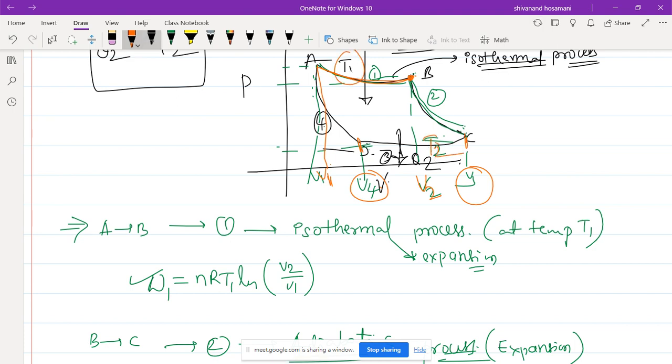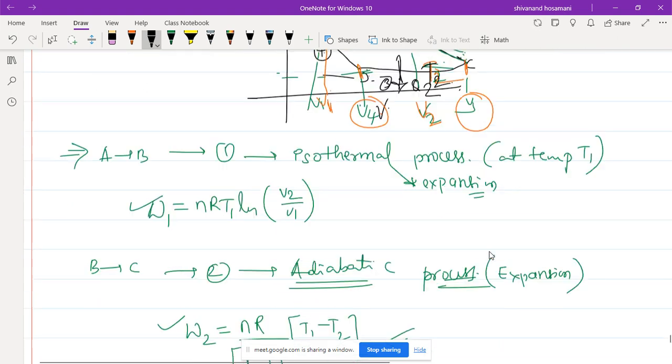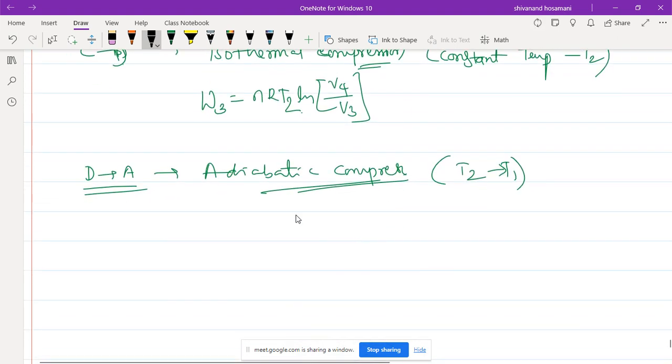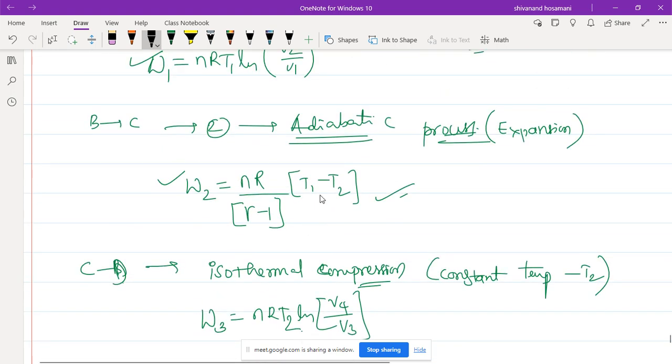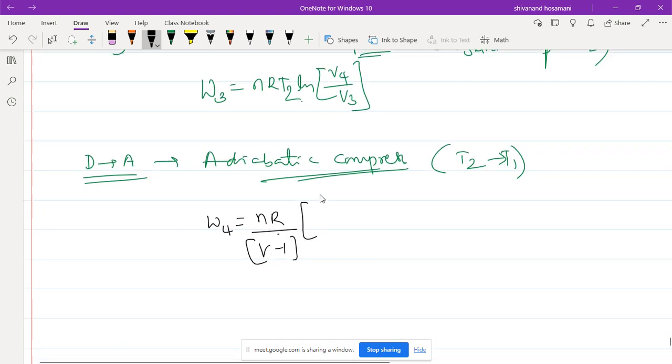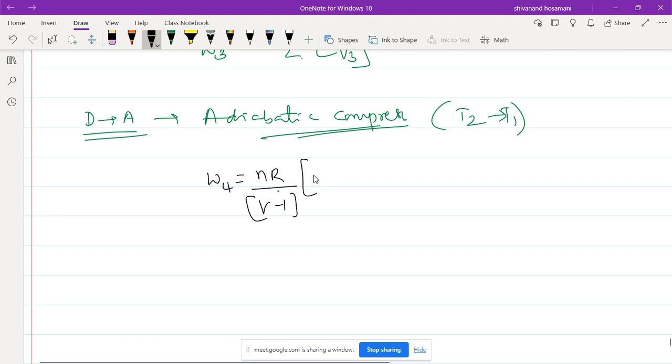How do you write the work done here? The work done in the adiabatic compression is given by nR divided by gamma minus 1, which is fixed always, into initial minus final, which is T2 minus T1. Initially the temperature was T2 and the final is T1. Therefore, this is the fourth process.